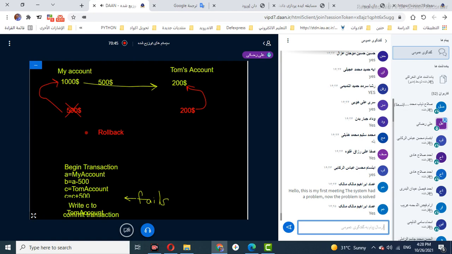And after rollback, the accounts will be like this. $1,000 for my account and $200 for Tom's account. This is correct. It's correct, and we don't have any problem with this.